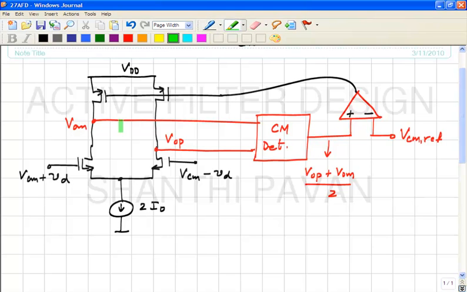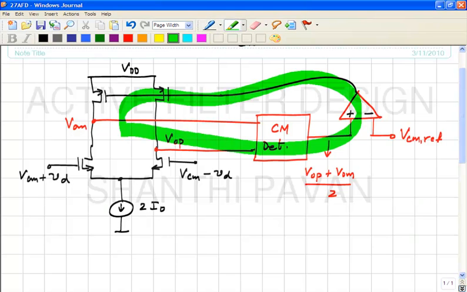As you can see, there is a feedback loop going like this, but this loop is only active for common mode signals. If VOP and VOM move in the same direction, then this loop works. If VOP and VOM move from a common point in opposite directions, then the detected common mode will not change.